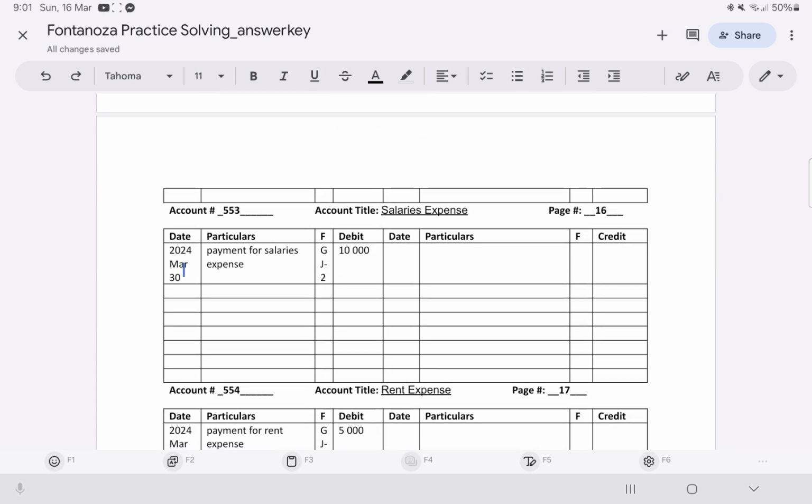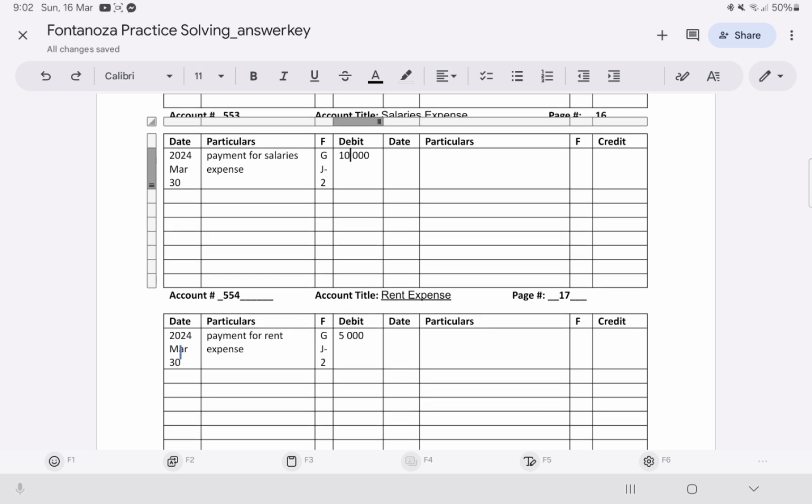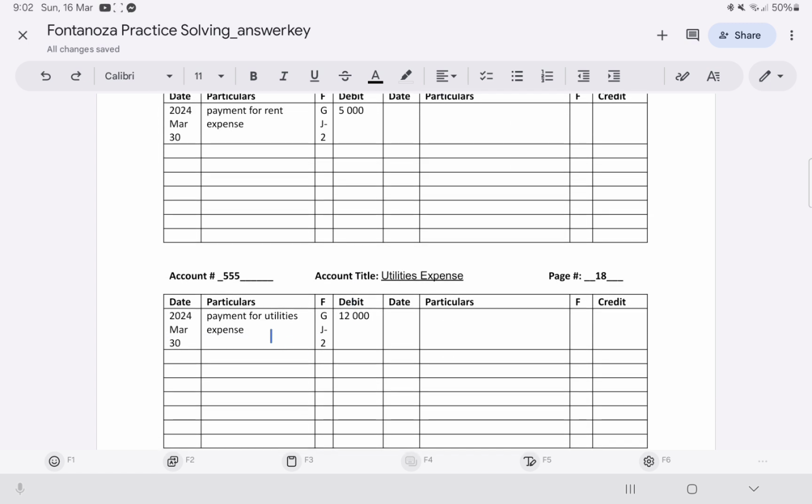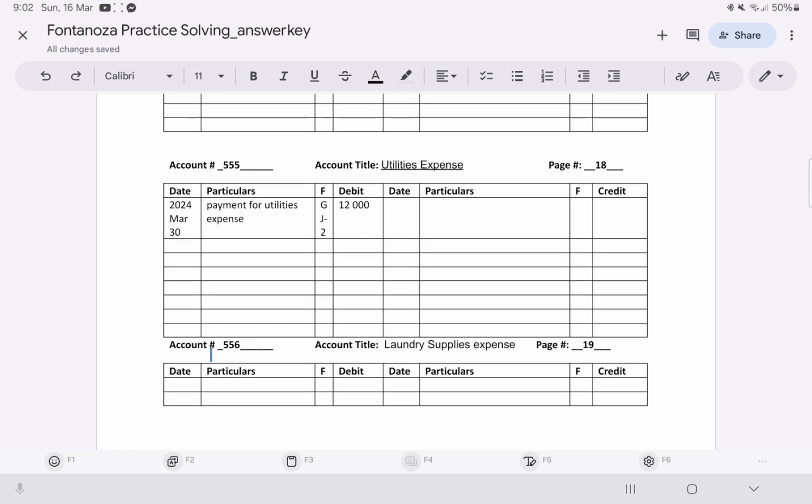So 2024 March 30 payment for salaries expense, GG2 10,000. As I mentioned earlier, the last transaction of March 30 is not just a single entry, it is a compound entry. So 5,000 payment for rent expense on March 30, 2024, GG2. And we have utilities, GG2 12,000 on 2024 March 30.